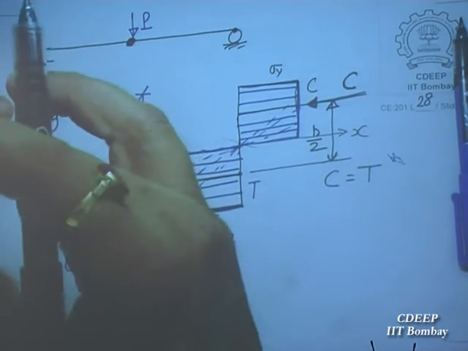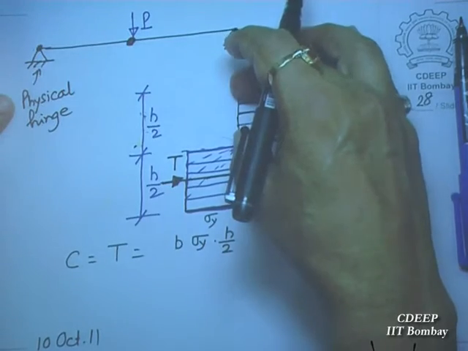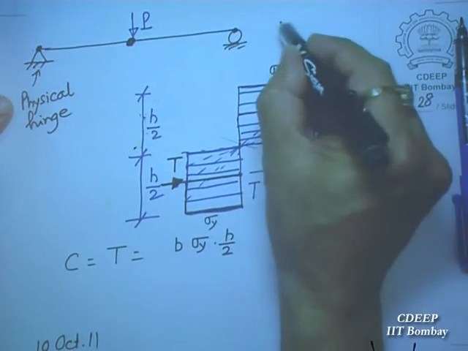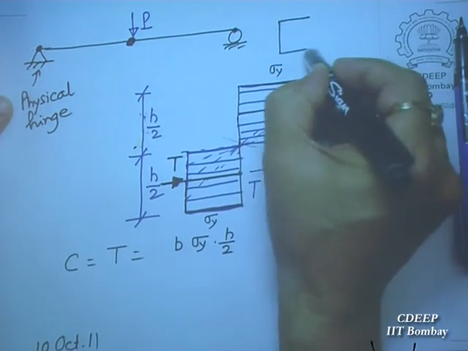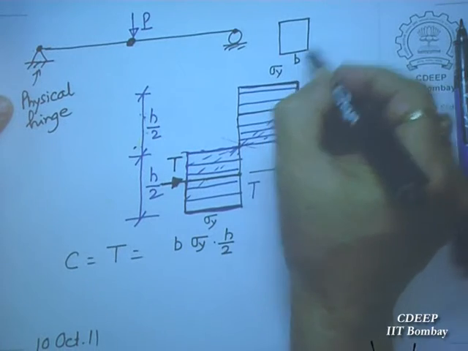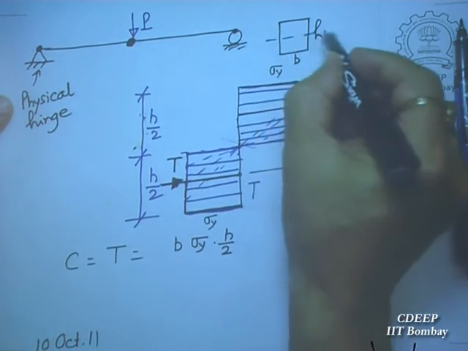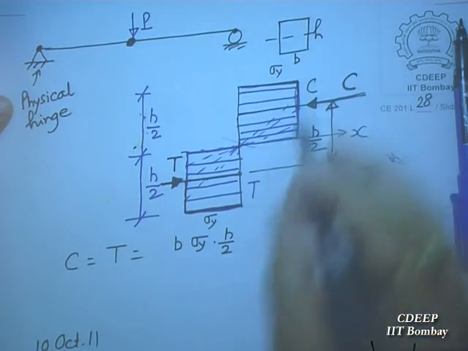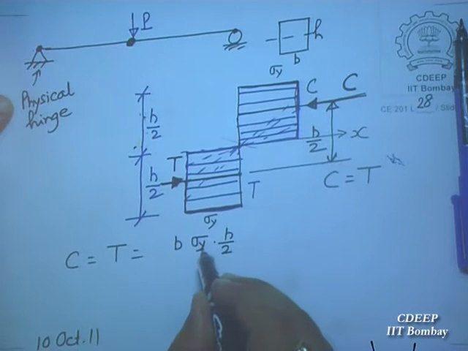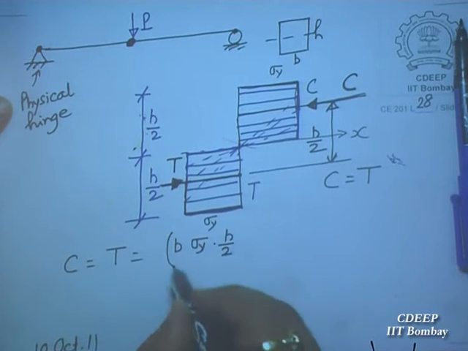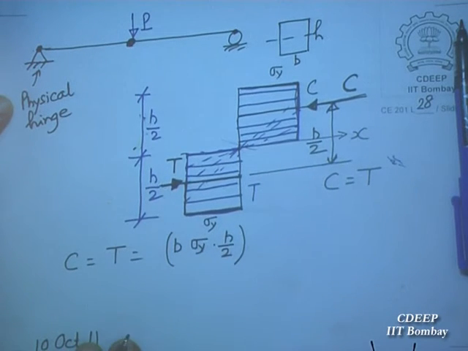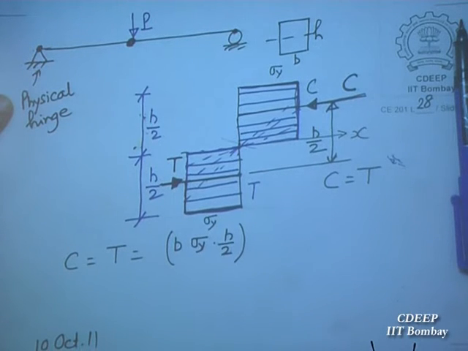How much is the depth of the beam? Half the depth multiplied by B. Cross section is, I am taking a rectangular cross section, B and H. So area B into H by 2 multiplied by sigma y. This is equal to C and T. BH by 2 sigma y.